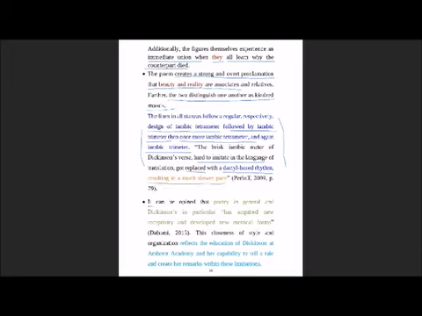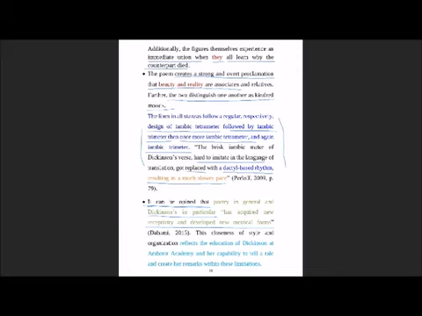It can be opined that poetry in general and Dickinson's in particular has acquired new receptivity and developed new metrical forms. She is amazing.